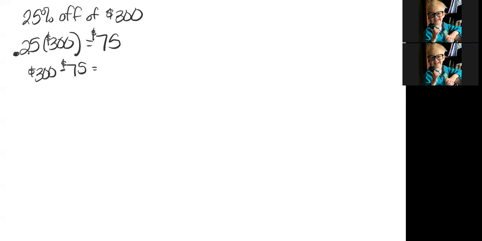What we just found was 25 hundredths times 300, and we got our $75. And then to find the discount price, you do your $300 minus your $75, and you see that is $225.